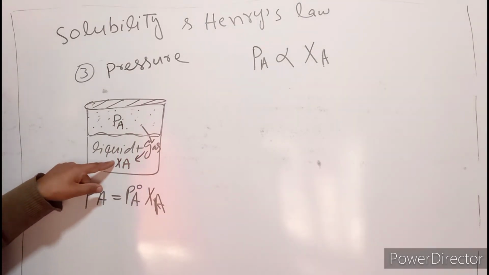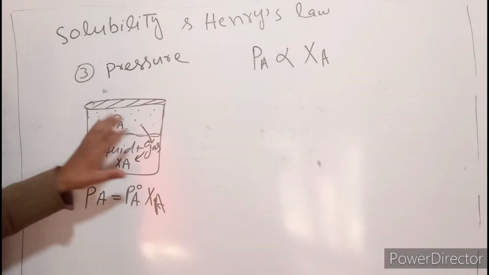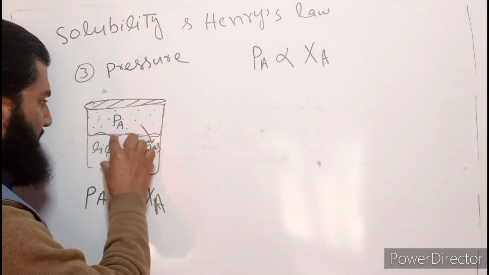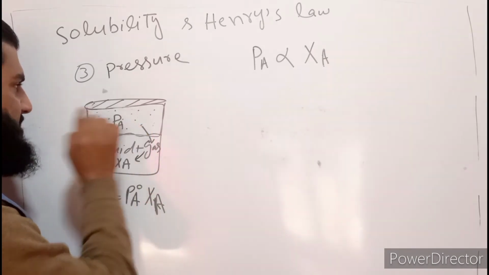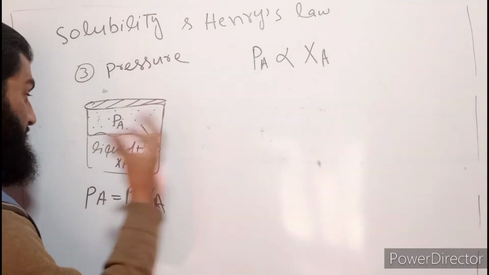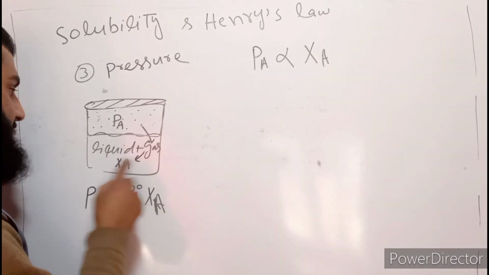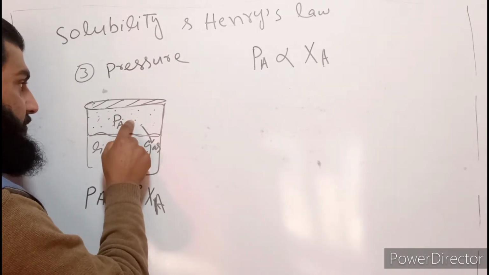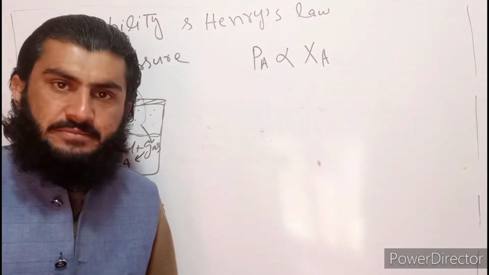So if we increase the concentration of any volatile substance in this solution, then its vapor pressure will be increased, because the more molecules of this volatile substance in this solution, the more will be its vapors. If more will be its vapors, more will be its vapor pressure.